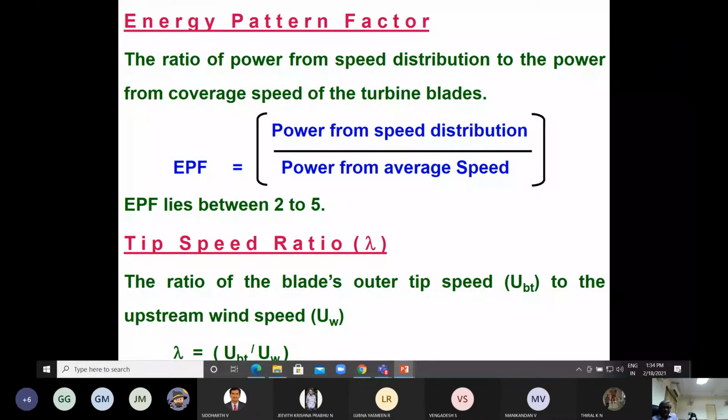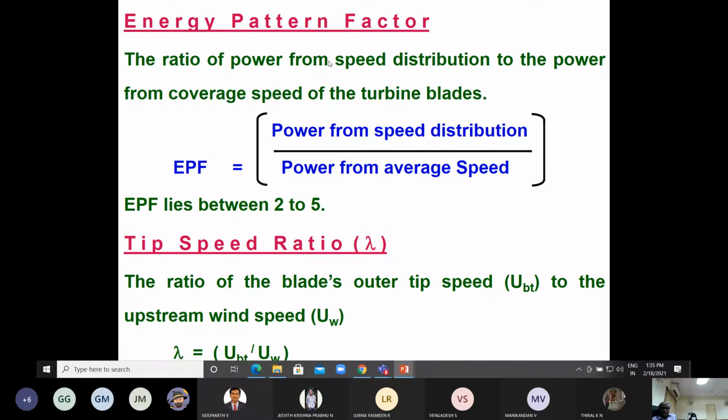Another terminology in the wind turbine generator is the energy pattern factor, that is EPF: power from speed distribution divided by power from average wind speed. The power derived from the average wind speed in the particular location, and this is the power from speed distribution.